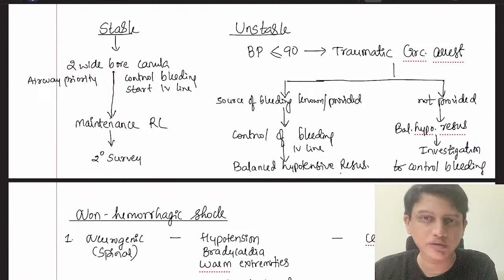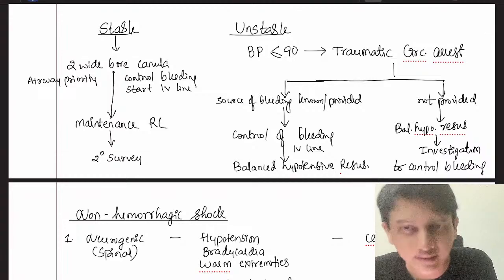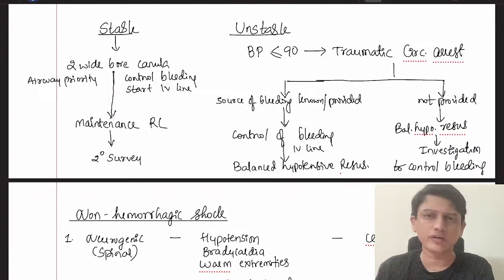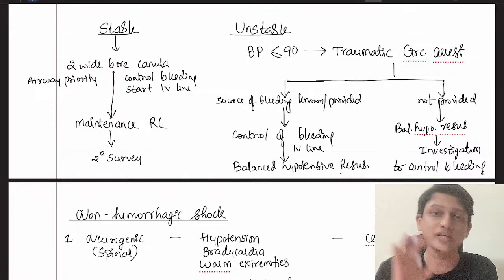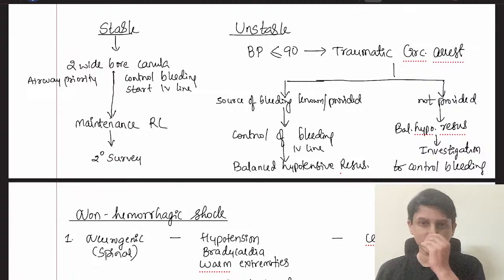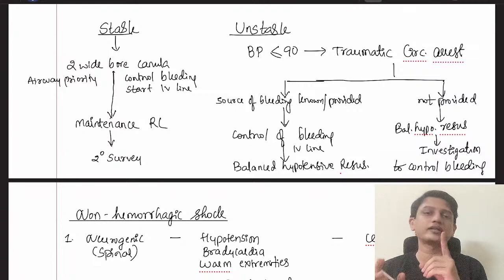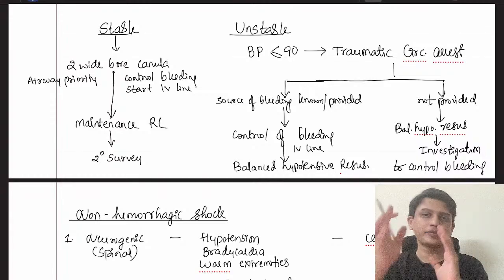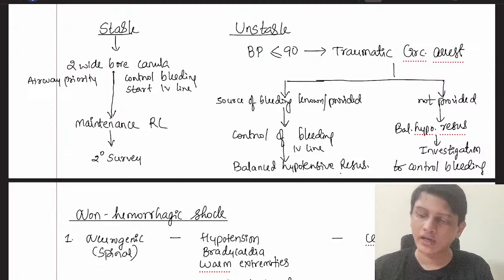When the patient is unstable, you don't have the luxury to get investigations done and waste your time. You have to immediately intervene with whatever is required. That is the criterion, whether the patient is stable or not. In all our further discussion in surgery, most things depend on one factor: if the patient is stable, this is my line of management; if the patient is unstable, this is going to be my line of management.